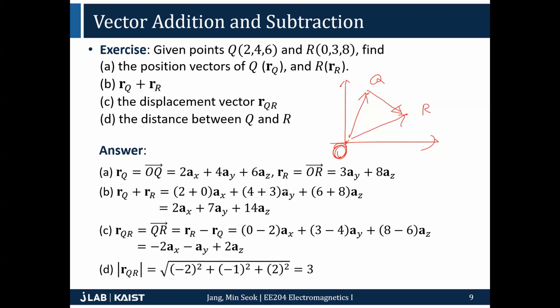So the question is, how can you write it? This is nothing but RR minus RQ. If you do that, you can easily obtain the coordinate numbers. And then the distance between Q and R, that is the magnitude of the QR vector, which is the square root of the sum of the squares of each component.